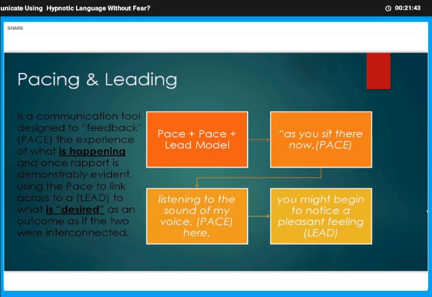When I finally connect it to the lead, it's been through a few different causal chains. So the brain has now heard three different variables that it agrees with entirely, and then it's linked across to the fourth, the lead: you might begin to notice a pleasant feeling. The brain is much more likely to accept that lead given that it accepted the three previous links that came before it. Does that make sense?